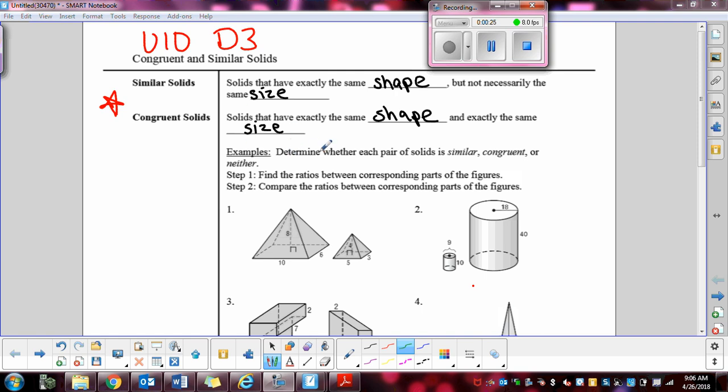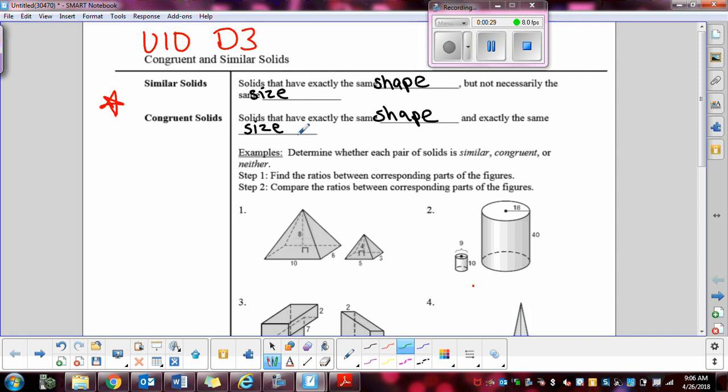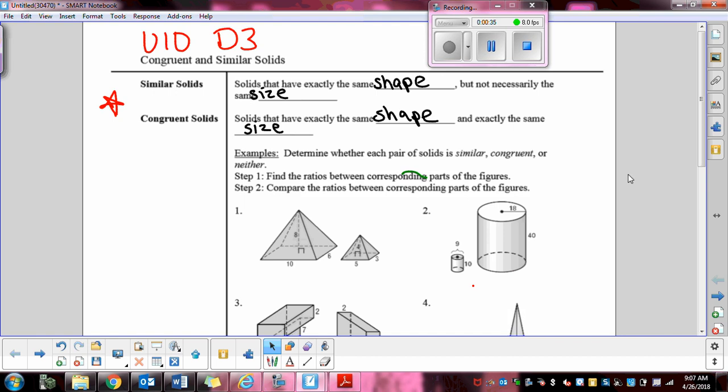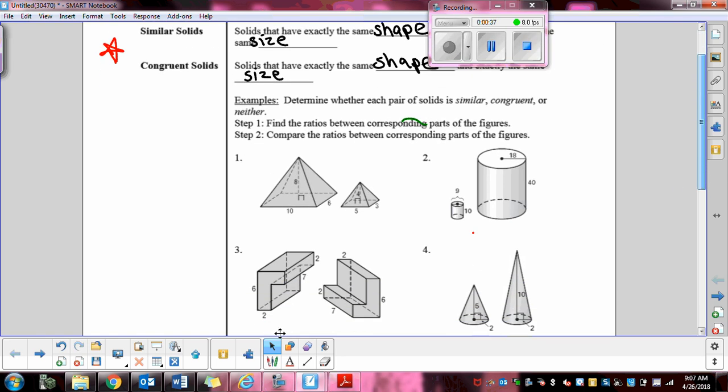It says determine whether each pair of solids is similar, congruent, or neither. Remember, just like we did with similar triangles, we're going to make sure that the ratios are equal. So I'm going to go over here to this pyramid, and it says the height is 8 over the height of the baby pyramid is 4.